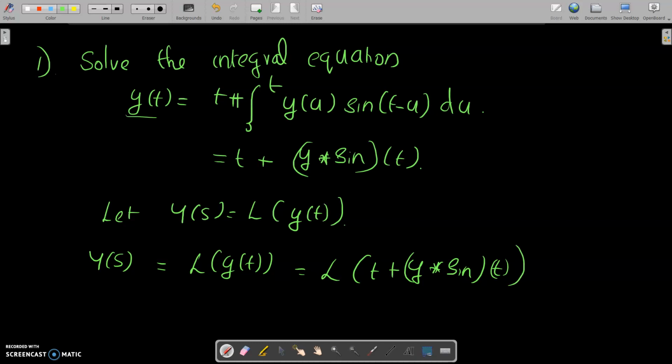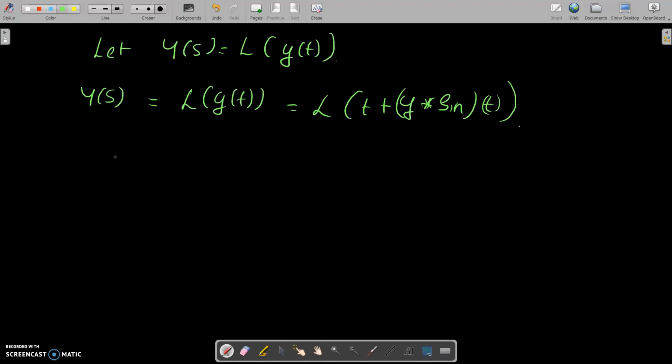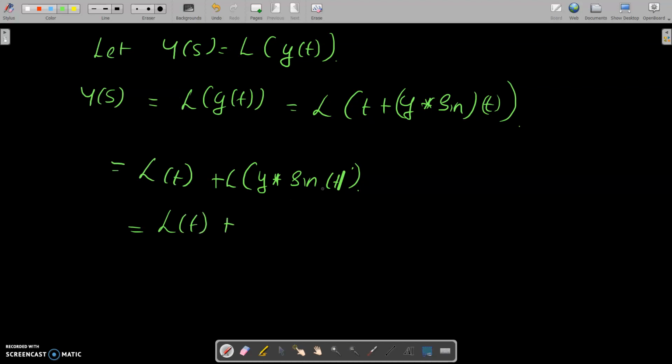This implies the Laplace transform of t plus the Laplace transform of y star sin of t, which is equal to the Laplace transform of y of t into the Laplace transform of sin t.